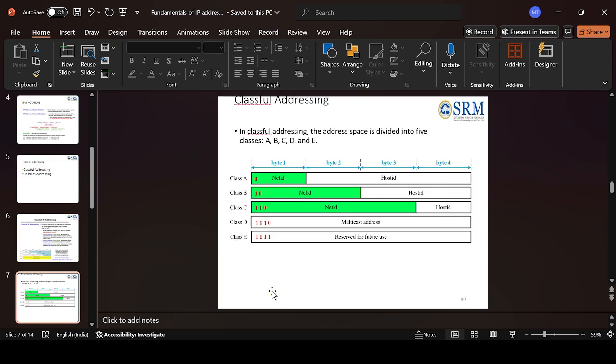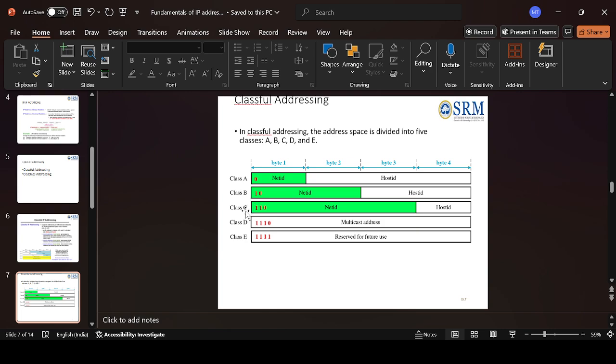How do you differentiate whether an address is a class A address, class B address, class C address, and so on? We can differentiate between these addresses by seeing the starting value in the network ID of each class. In class A, the first bit will be 0. For class B, it starts with 10.